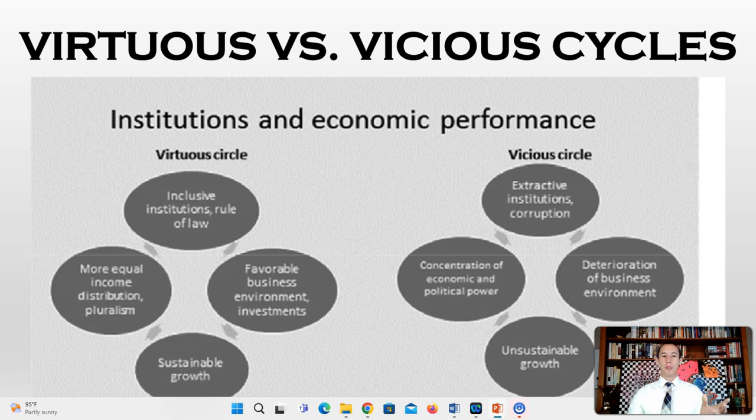So pluralism and the virtuous circle are fundamental. If you start moving away from pluralism, which is powered by one individual, one political party, one group, they will inevitably enact laws that will extract the wealth and the power from the other groups to make sure it goes to them. So these two things go together.